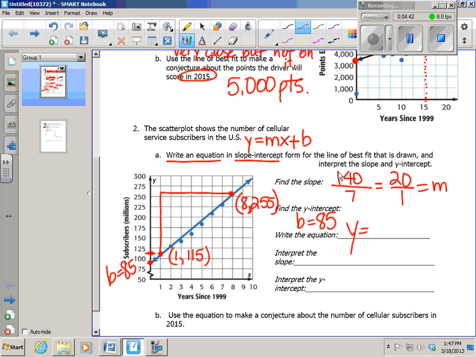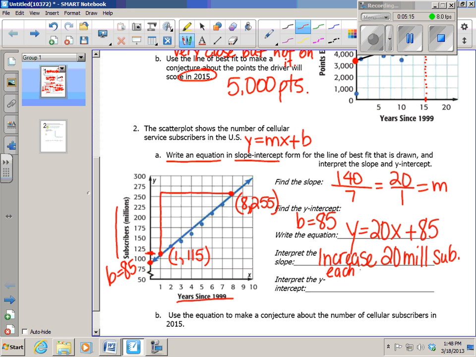Y equals m, 20x plus b, which the value was 85. So what does the slope mean? It means that for every 1 year, you have an increase of 20 million subscribers each year.